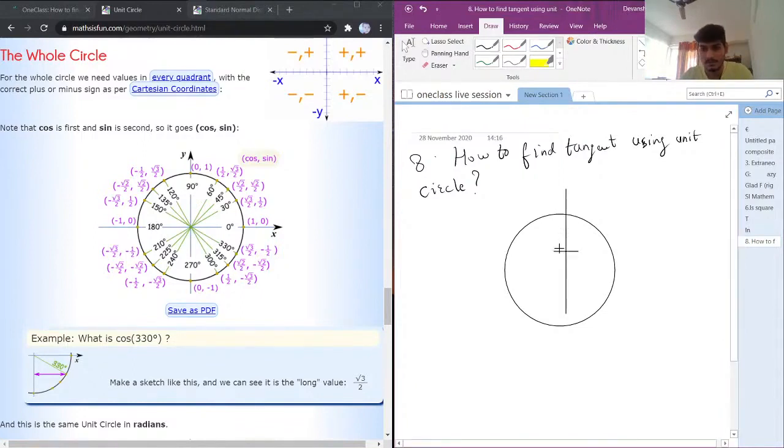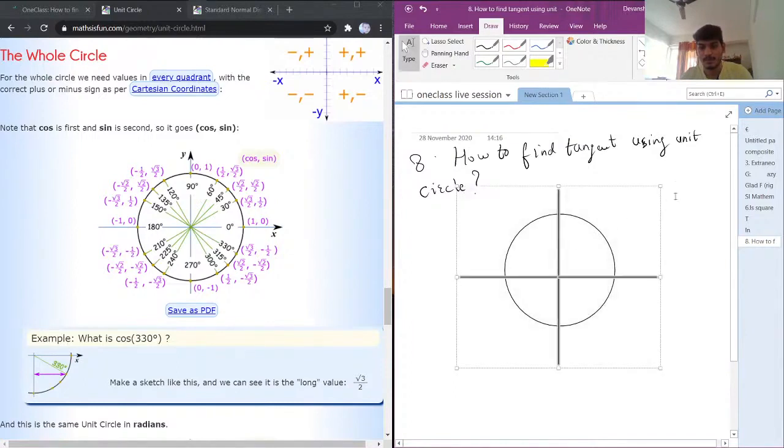I hope this is the center. No, this is also not the center. Let's just take it as the center. I will move this bit. Yeah, now it looks better.